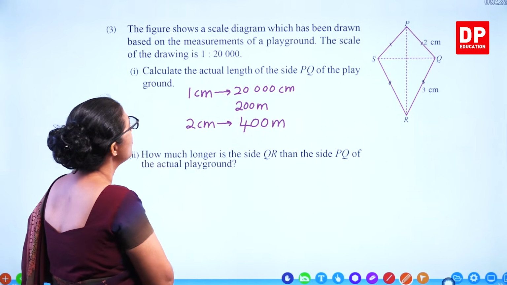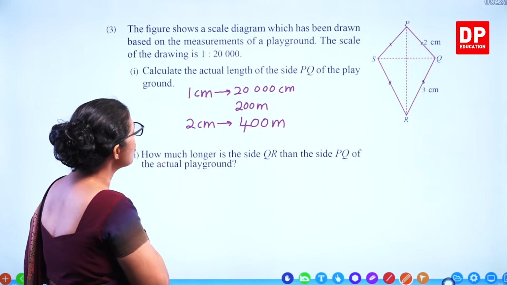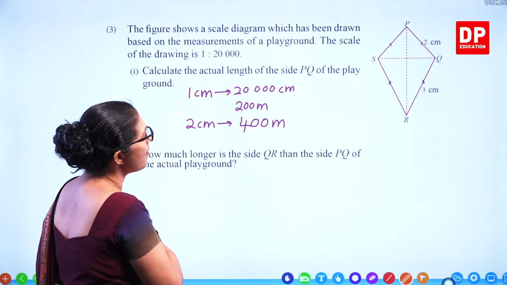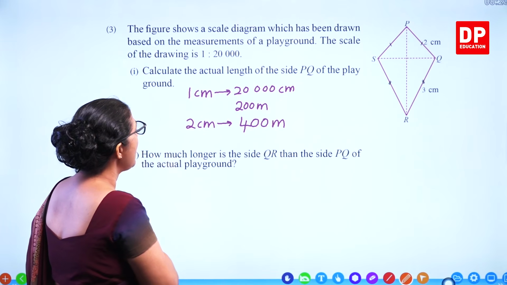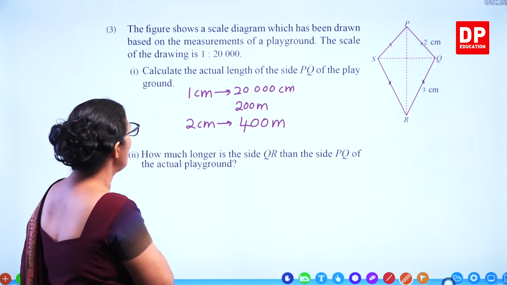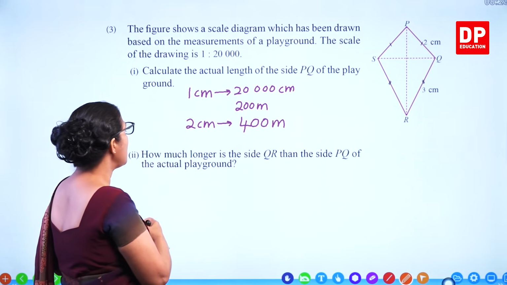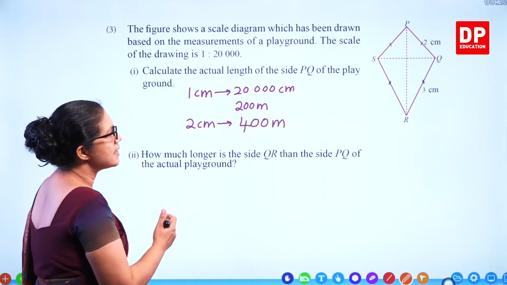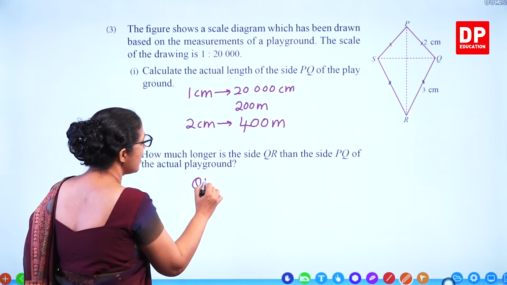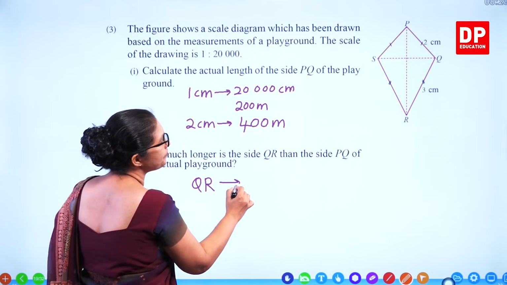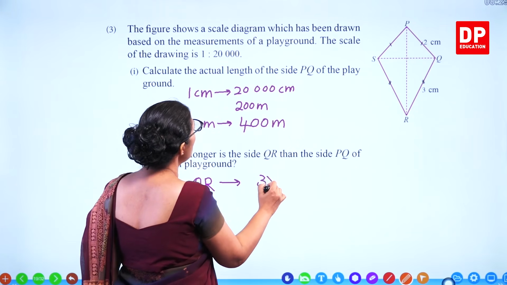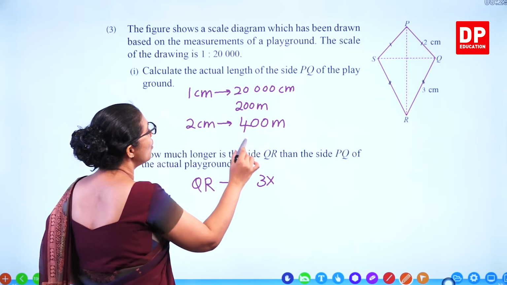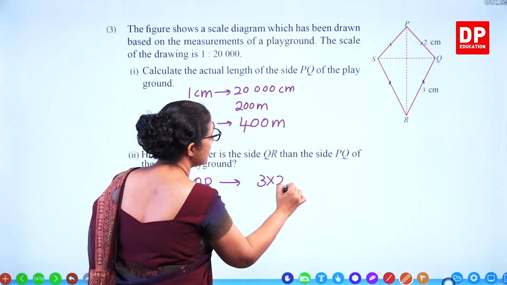That's PQ length. How much longer is the side QR than the side PQ of the actual playground? So this is 400 meters. What is QR? QR length means 3 into 200.